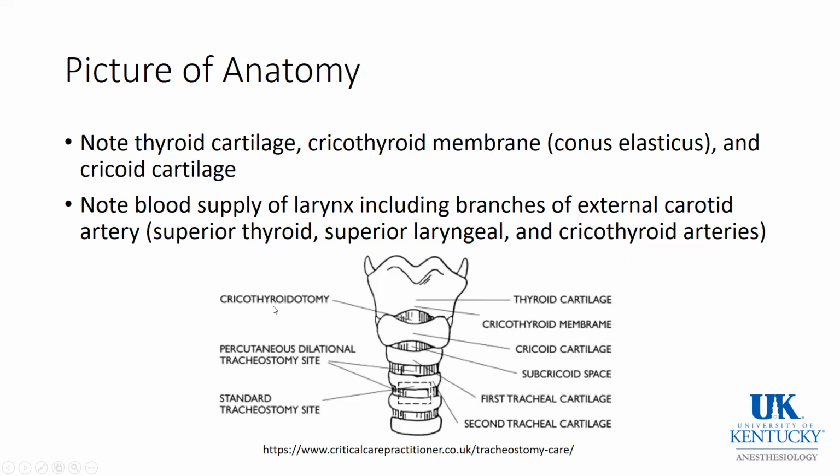There's probably a little bit of British spin on this particular picture. Note also that the blood supply of the larynx includes various branches that you should probably have in your head: the superior thyroid, the superior laryngeal, and the cricothyroid arteries, which aren't shown on this particular picture. But you can see down here also where the standard tracheostomy site lands and the difference between the two.